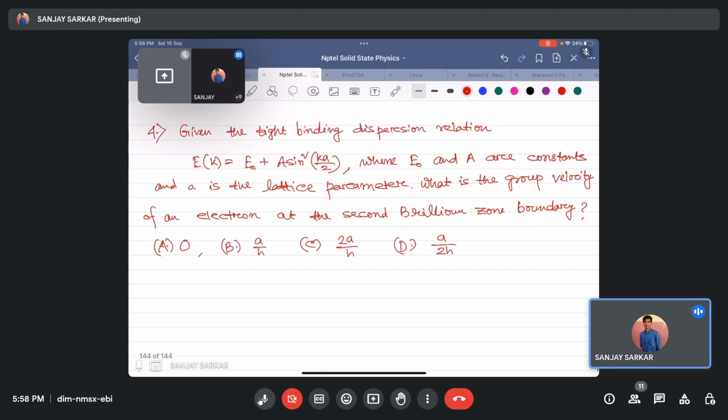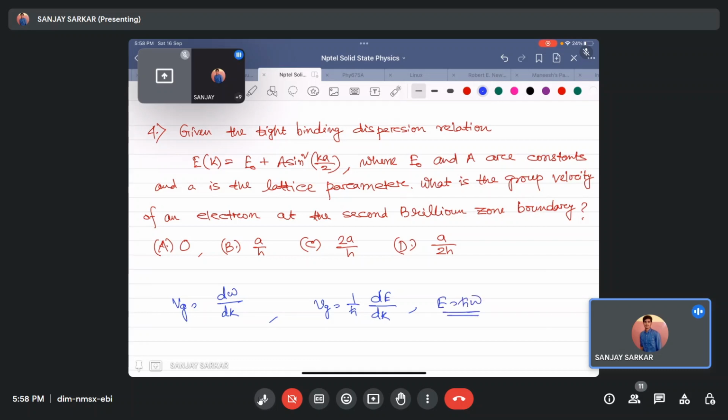So you know the formula of group velocity Vg, which is d omega by dk. So here if E is given, then the group velocity's formula will be Vg equal to 1 by h bar dE by dk, because you know that E equal to h bar omega.